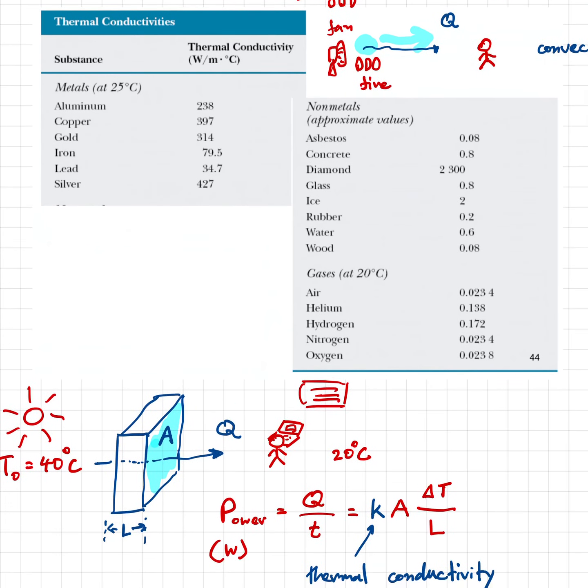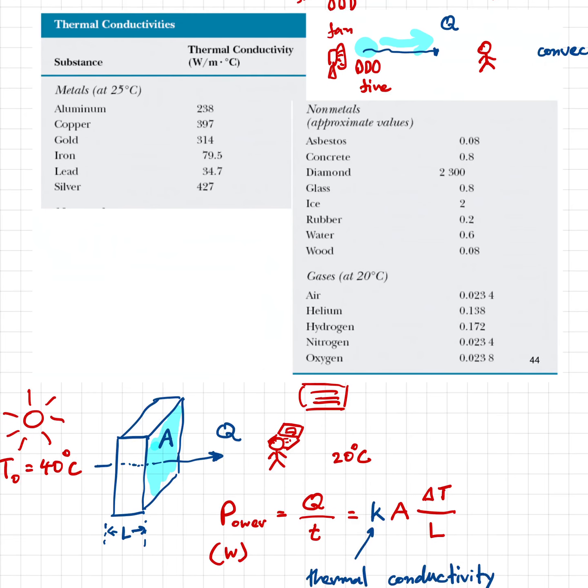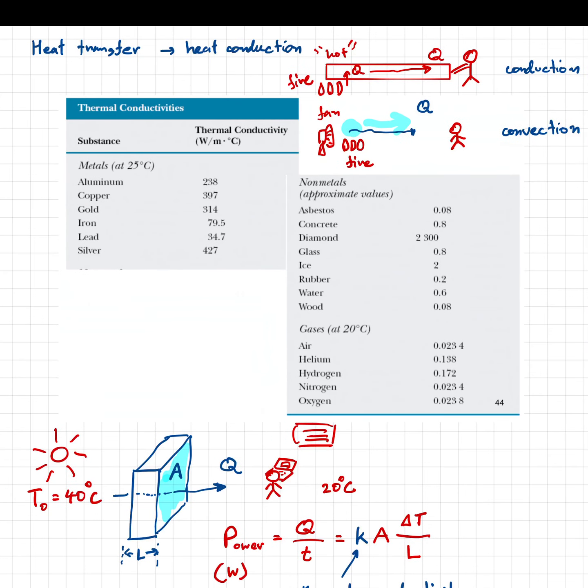Okay, and gas is also not so good. So you can see one interesting thing here. Air is actually a very bad heat conductor. It's almost 10,000 times worse than aluminum. But you have to talk about air which is not moving, like still air.